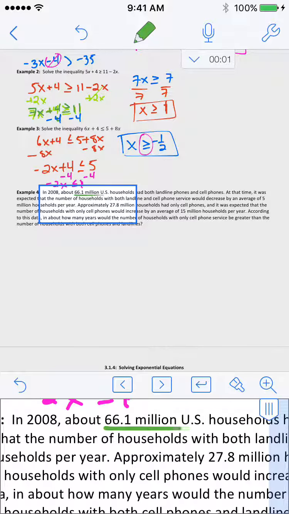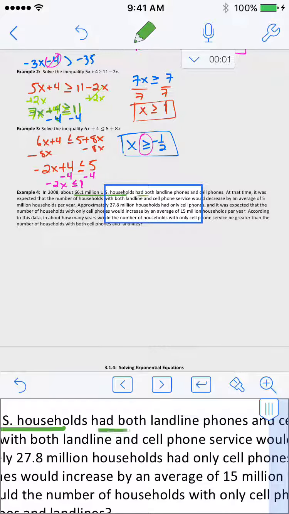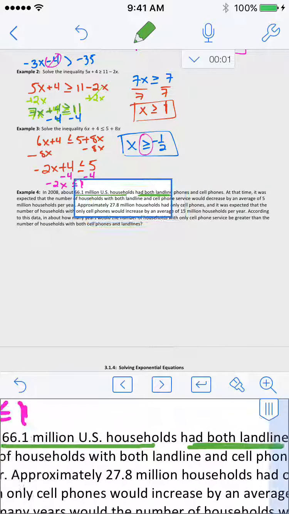About 66.1 million households, I think that sounds pretty important, had both landlines and cell phones. 66.1 million had both. I could even go so far as to write that down here. 66.1 mil had both, right? Then they said something else.